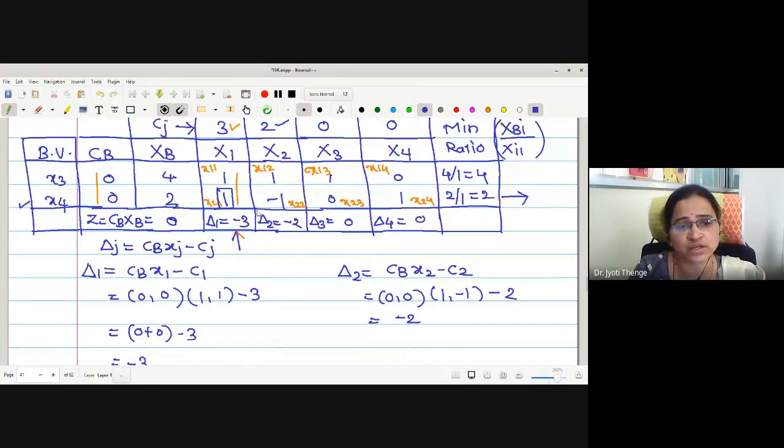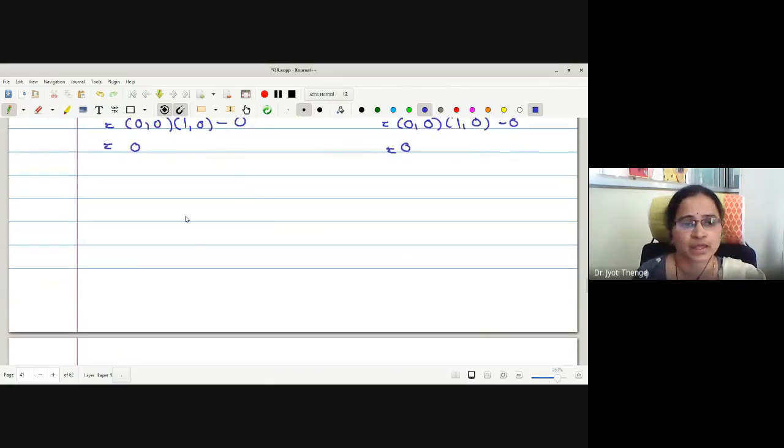Which row operation should I use? No doubt, while converting the remaining elements to 0, you should use the row containing the key element. But here, which row operations should I use to convert this key element to 1 and the remaining entries to 0? Shall I use R2 by 2? Sorry, it's already unity.